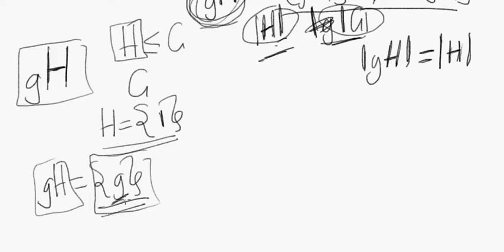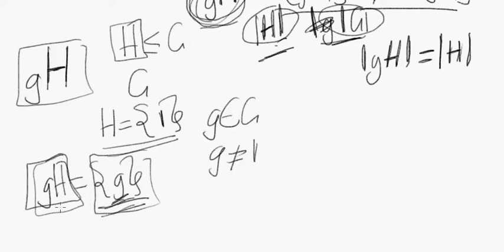Now, this g is an element of G, and in particular, we've chosen g to not be the identity element. So gH will give us some set that has no identity element, and if it has no identity element, it can't be a group. So what we concluded last time was that the left coset gH is not necessarily a group.